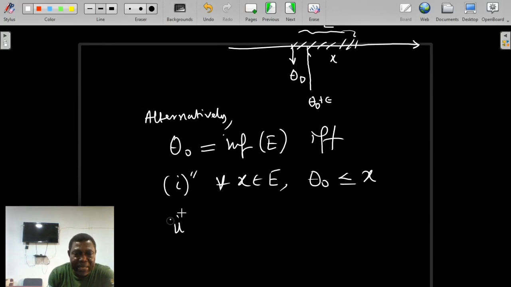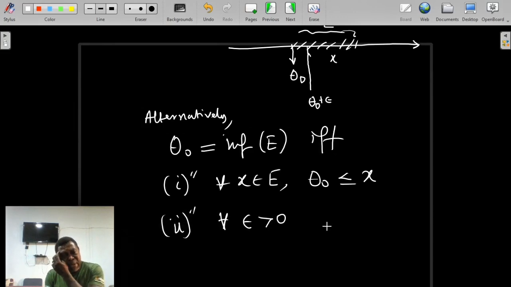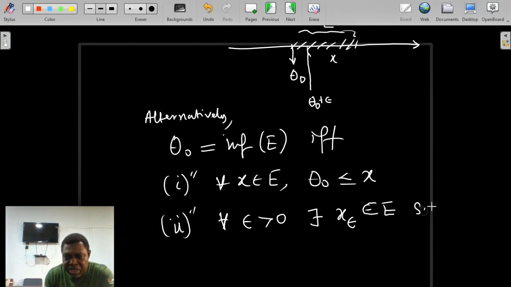And I prime prime, for any epsilon bigger than 0, for any positive number you give me, there exists x depending on epsilon in the set E, such that theta naught is less or equal to x epsilon, and this x epsilon is really less than theta naught plus epsilon.